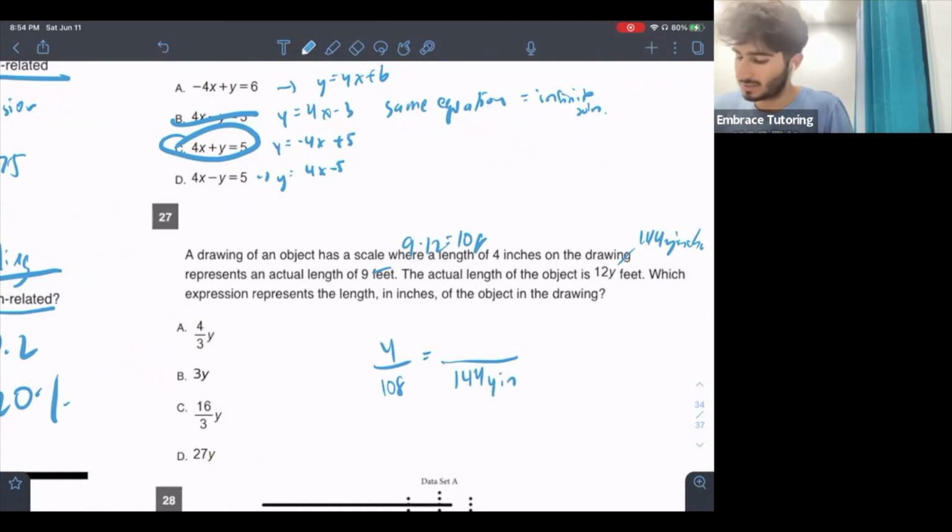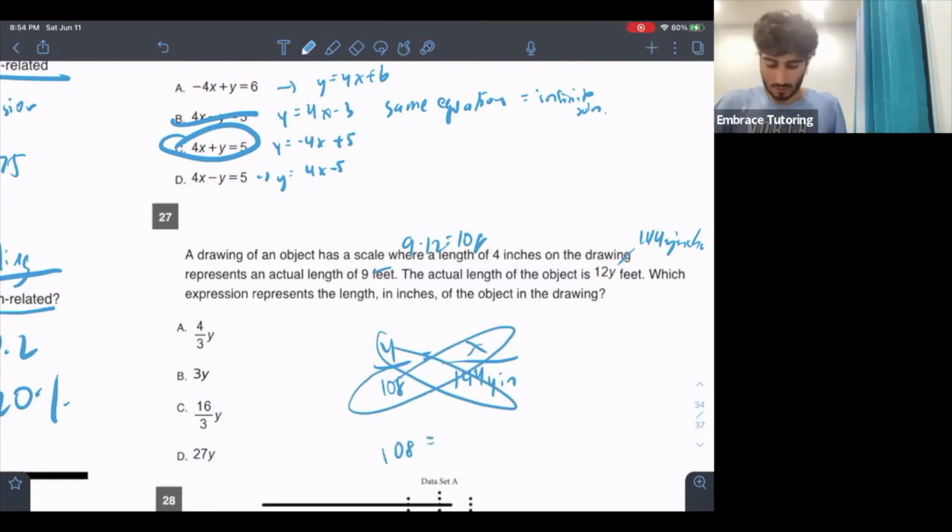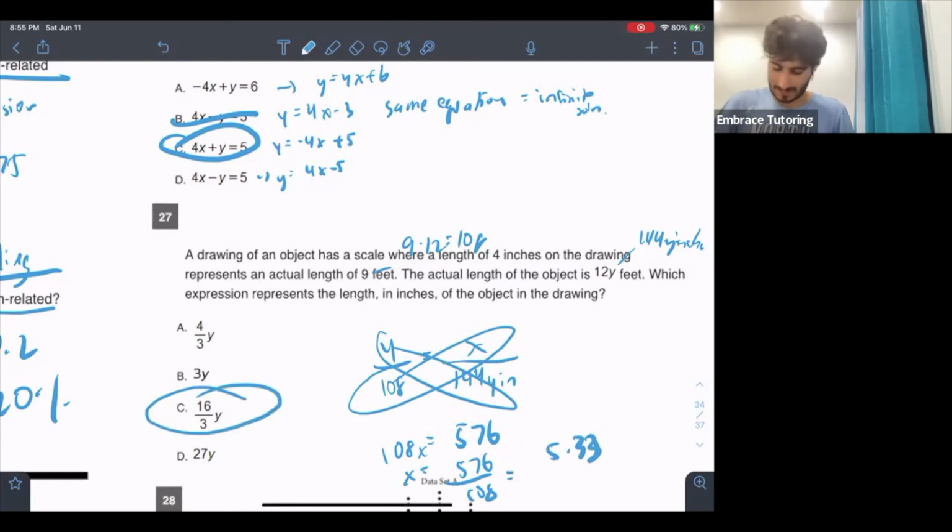Now, which expression represents the length in inches of the object in the drawing, which is x? You can cross multiply. You get 108 times x is equal to 144y times 4, 576y. Then divide 576 by 108 to get x is equal to 576 over 108, which is 5.33y, which is choice C, because if you do 16 divided by 3, you get 5.33. 4 over 3 is 1.33, 3 is equal to 3, and 27 is 27.